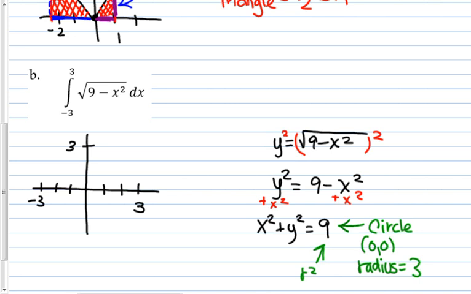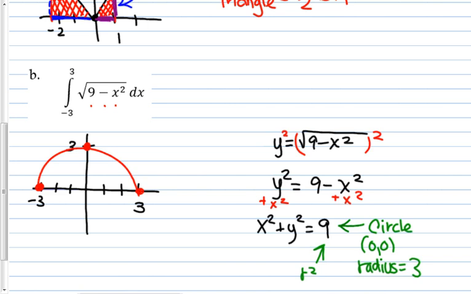So where was I? I plugged in 0, and I got 3 back out. I plug in -3, and I get 9 minus 9, so it's the square root of 0. I plug in +3, and I get the same thing. So this is what this looks like, roughly. Not a perfect semicircle, sorry.